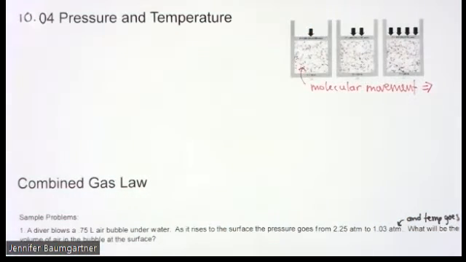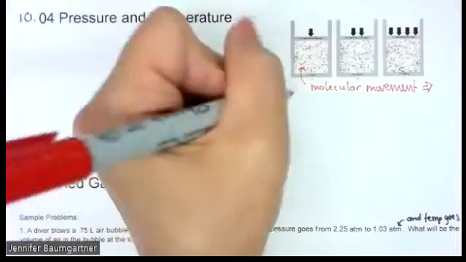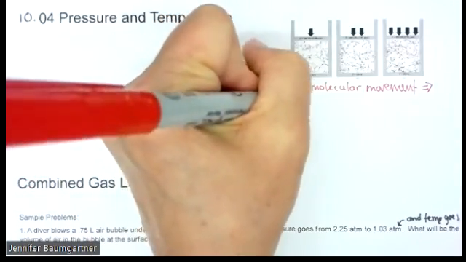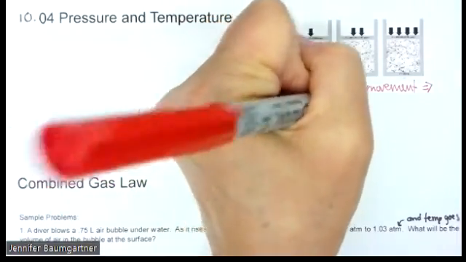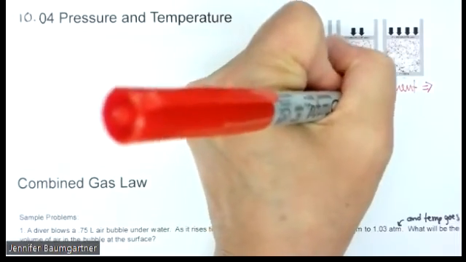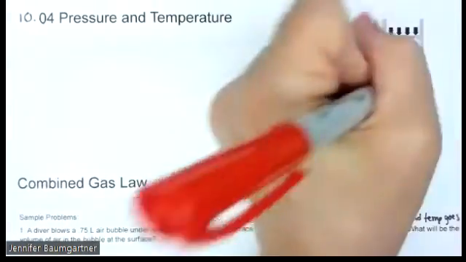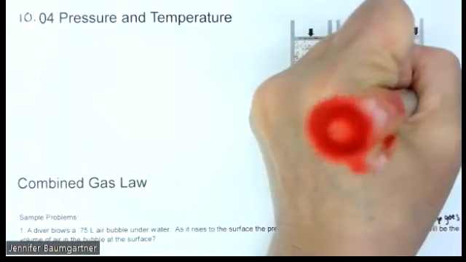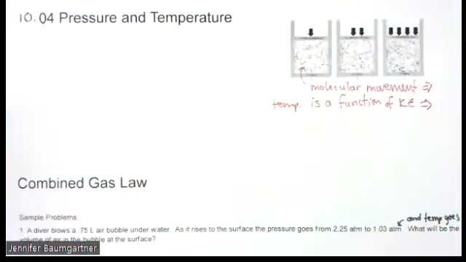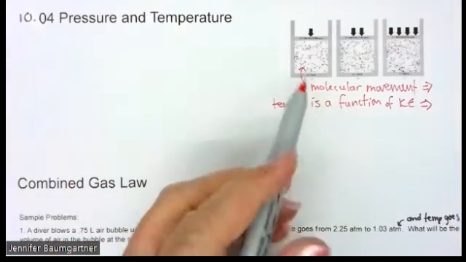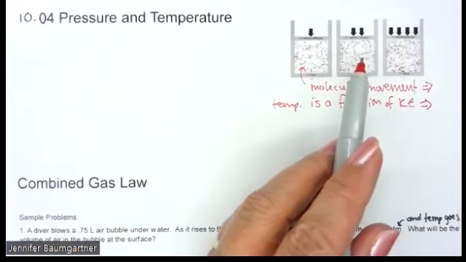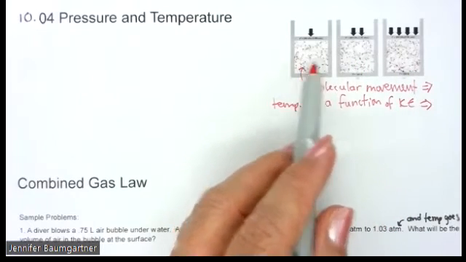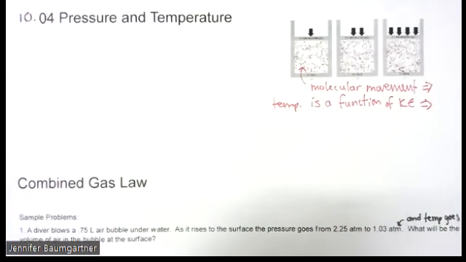And remember, we said back in the first video that temperature is a function of kinetic energy. I'm going to abbreviate that KE. So what we see here is we get more kinetic energy. As we increase the pressure, we get more kinetic energy amongst the molecules and atoms.